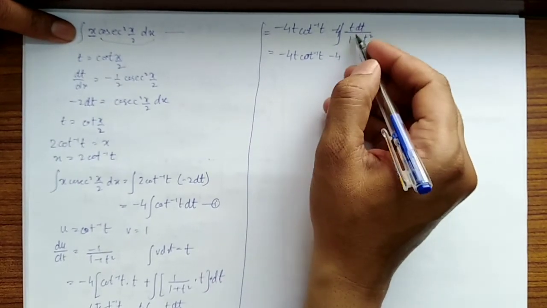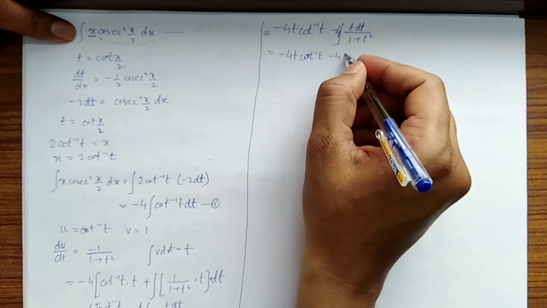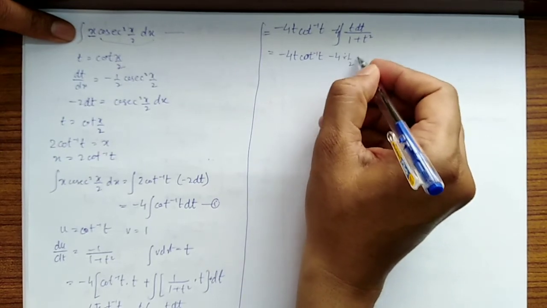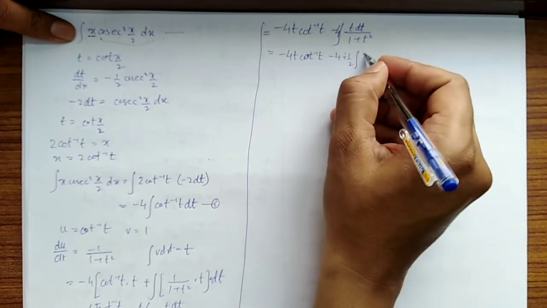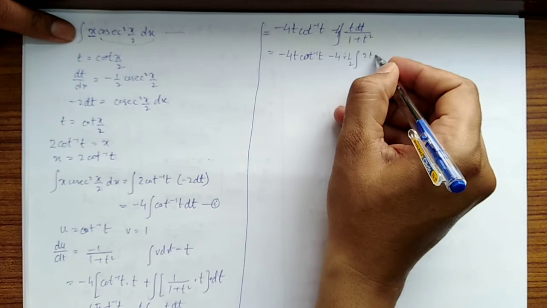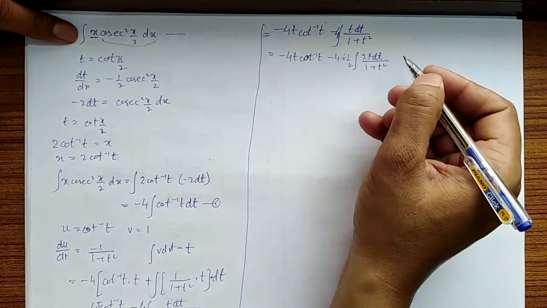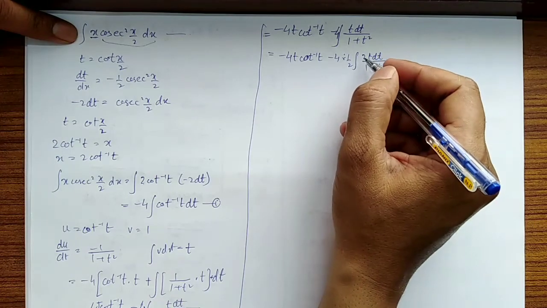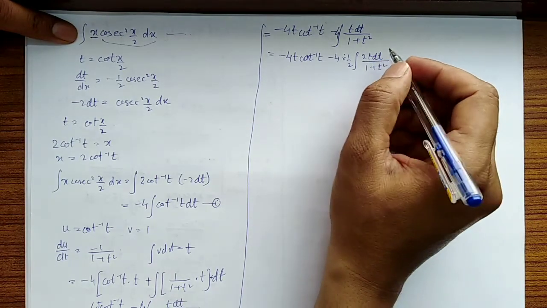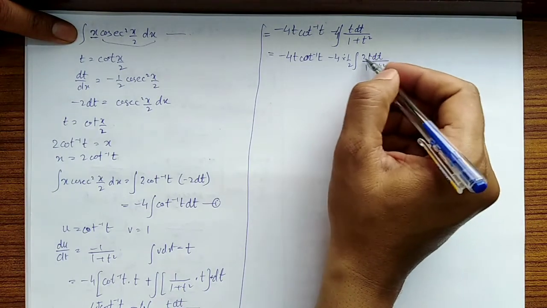We are going to multiply and divide this part by 2, multiplying 1 upon 2, t dt upon 1 plus t square. You can see we have the function and its derivative in the numerator.